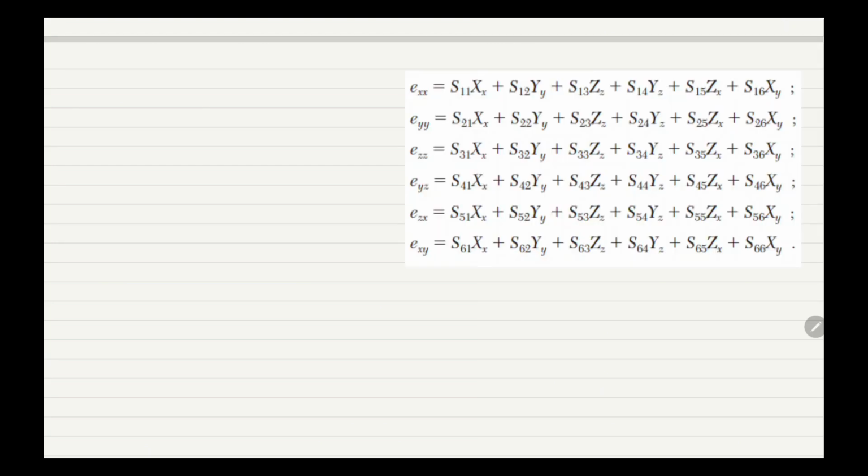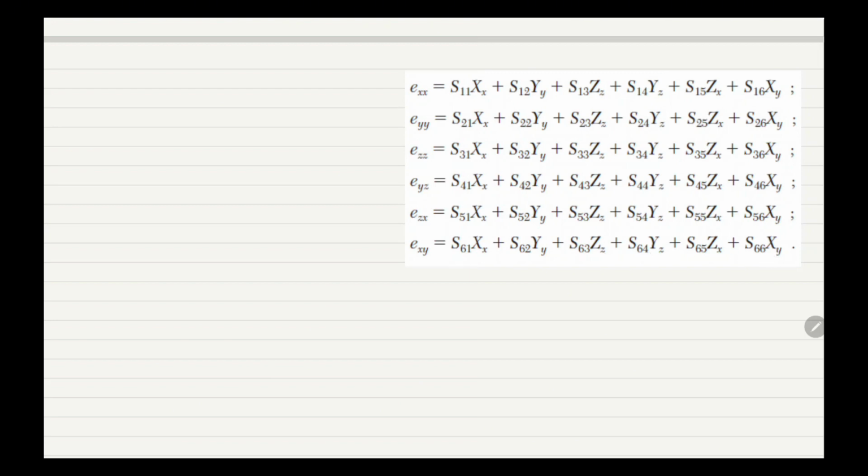By using Hooke's law, the relation between the stress and strain can be summarized like this: exx equals S11 Xx plus S12 Yy and so on, until we have the 6 strain components, which are related to the 6 stress components.